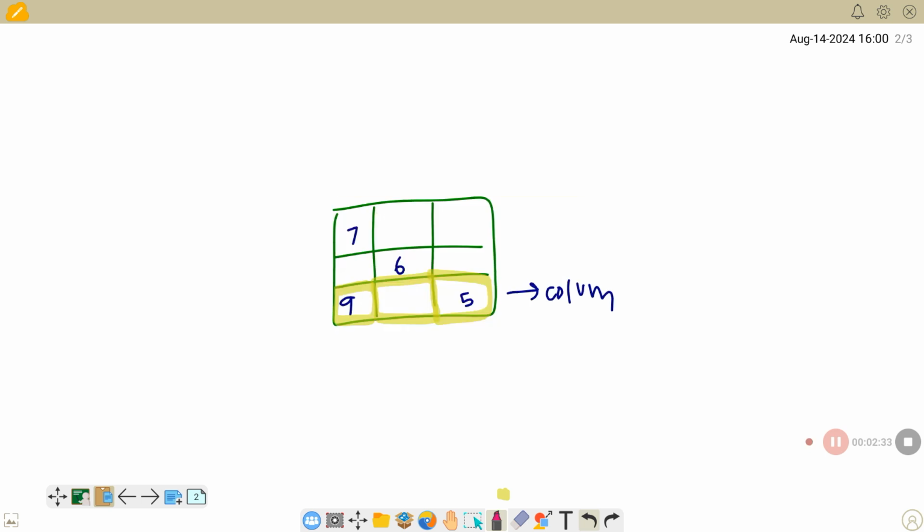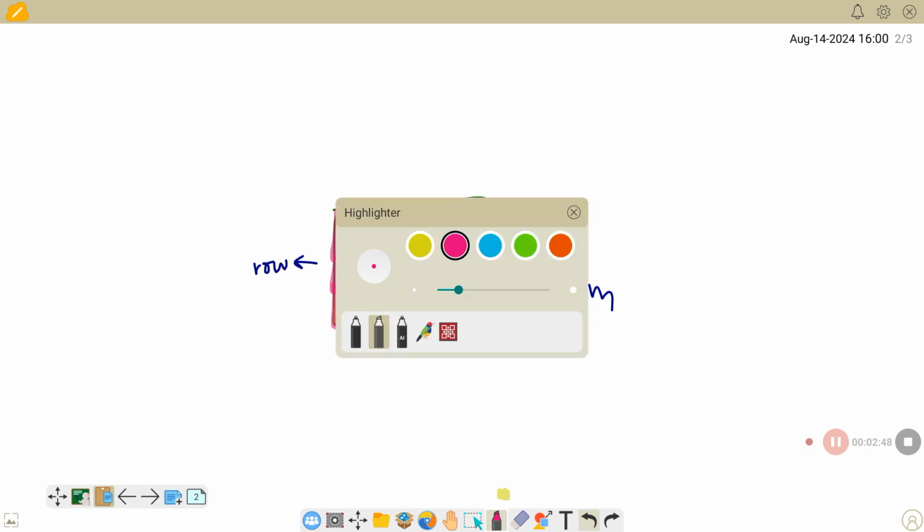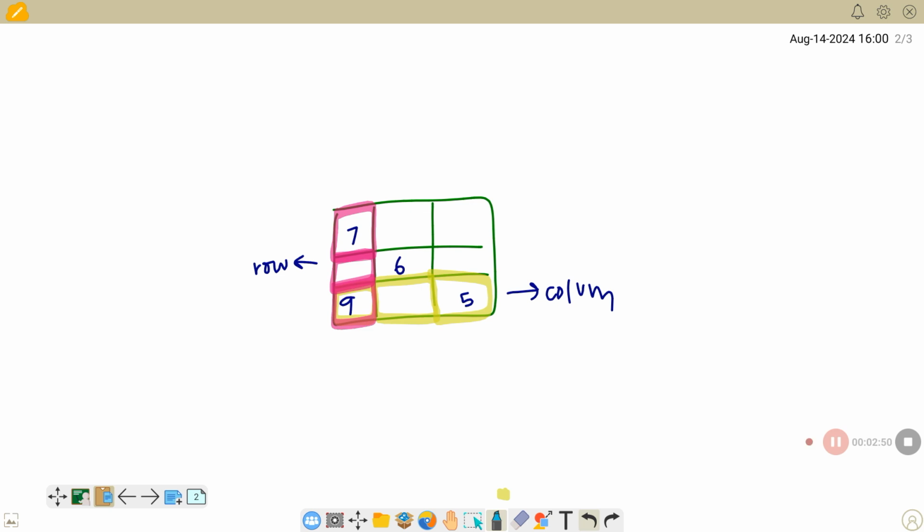Next, let's identify our row. The row is the 3 squares going across. This is our row. Lastly, let's identify what our diagonal is. Our diagonal is the 3 squares going from the top corner to the bottom corner. So this is our diagonal.